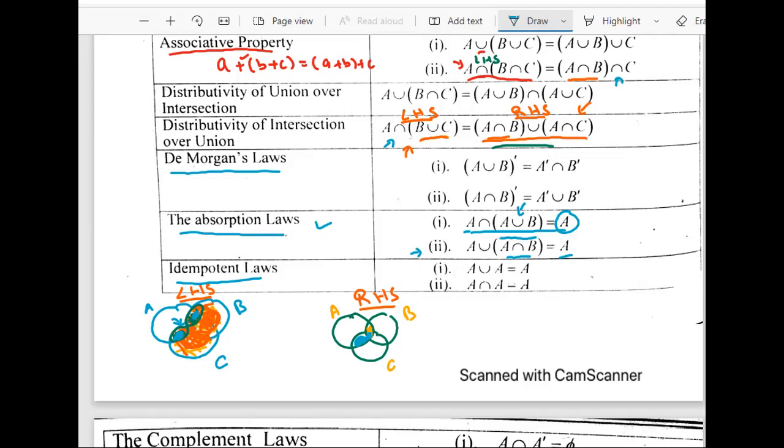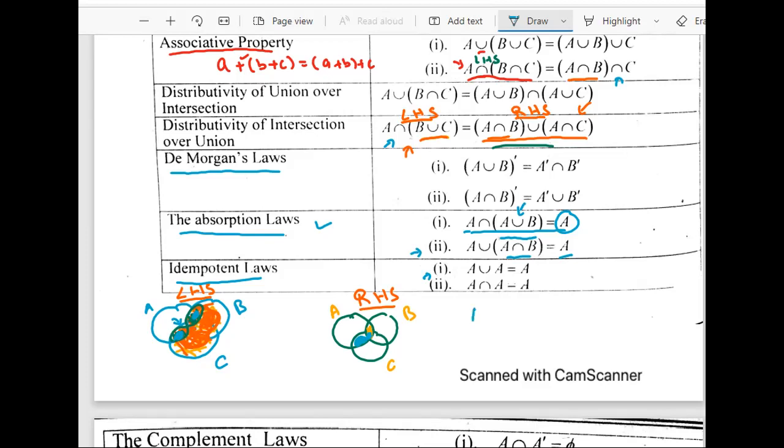No, ma'am. Okay. If I talk about idempotent, the first one is A union A equals A. Now, obviously, when we are talking about union, we write down every element and we subtract the common ones, right?